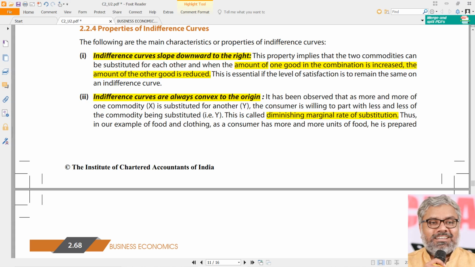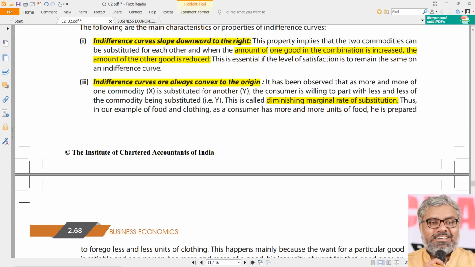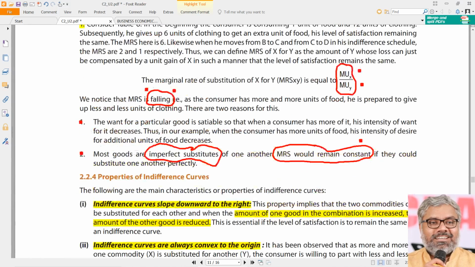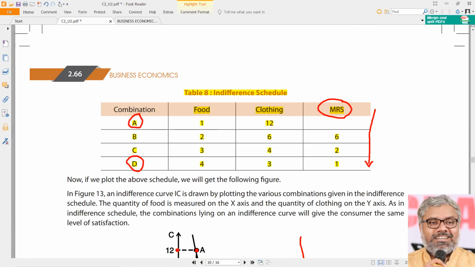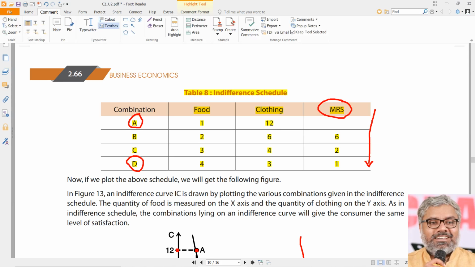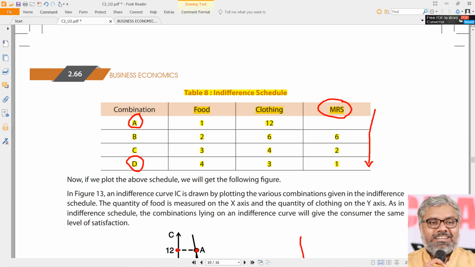In our example of food and clothing, which we have taken earlier, what was the marginal rate of substitution? If you remember the numbers here, or you can go back. The marginal rate of substitution in this case was 6, and then it became 2, and then it became 1.